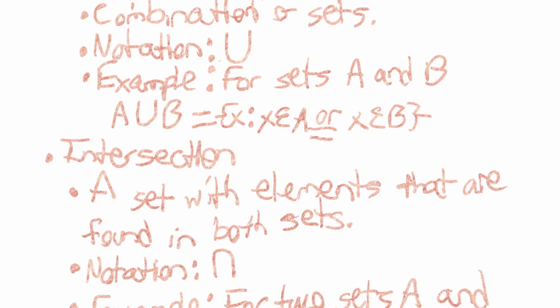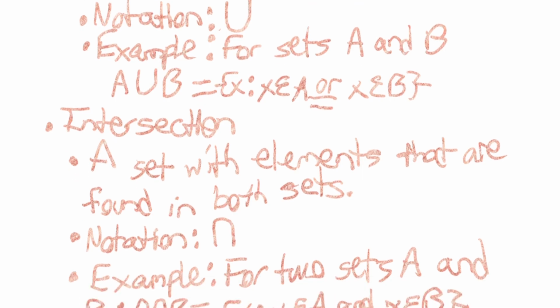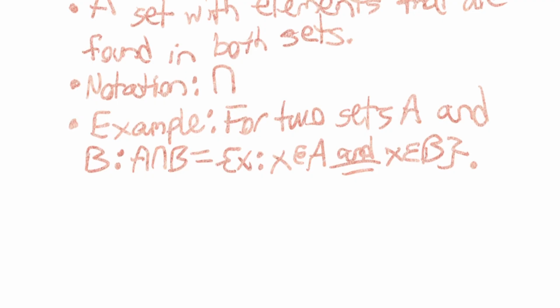The or means that the element is either in A or that it's in B for union. Because for intersection, we're focusing on just the elements that are in both sets.